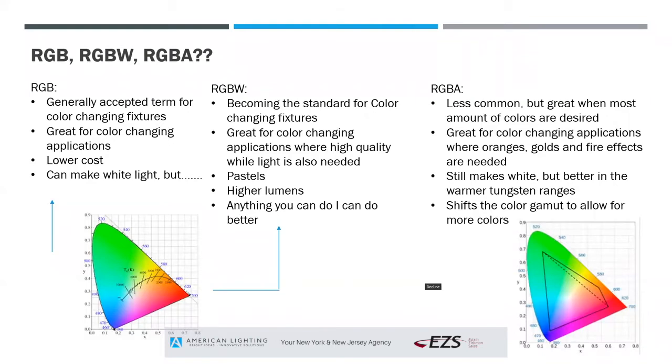You can make white light with RGB. It is not a very good white light. It tends to look pinkish or bluish depending on the chipset and the fixture. But when you put red, green, and blue on, you will get white. If you look at this diagram here, this is what we call the color gamut. When we use RGB fixtures, we can hit any of these color points within this gamut.